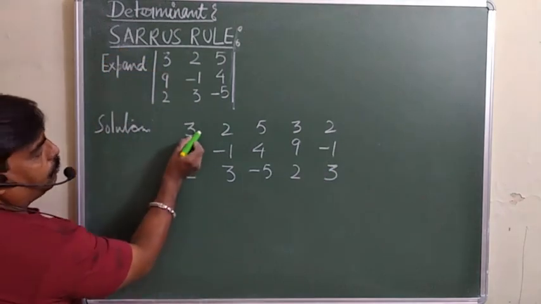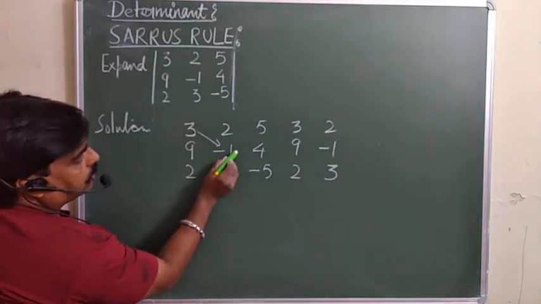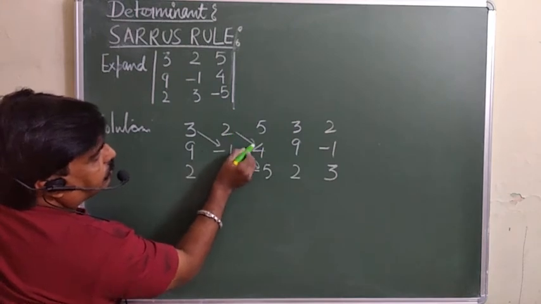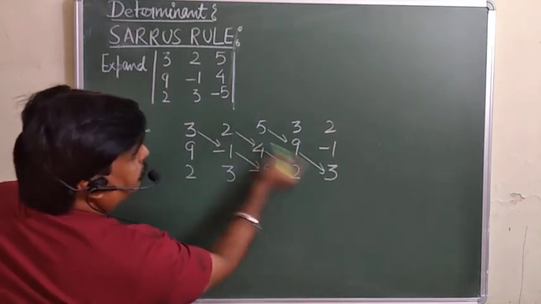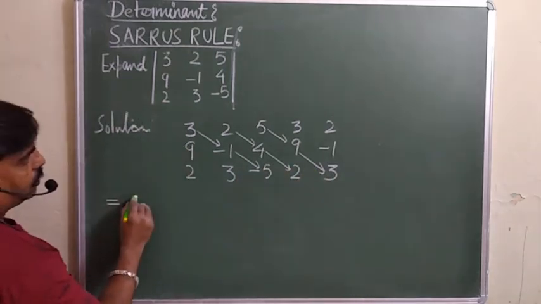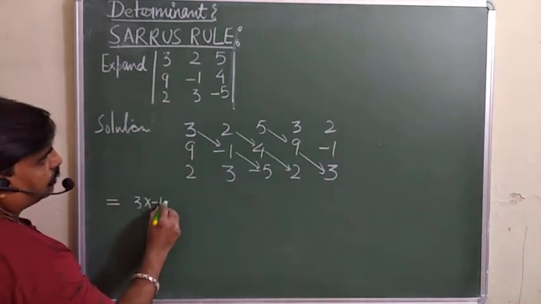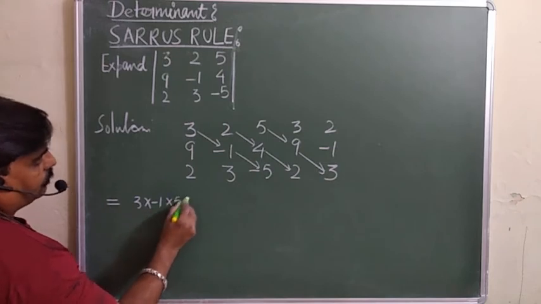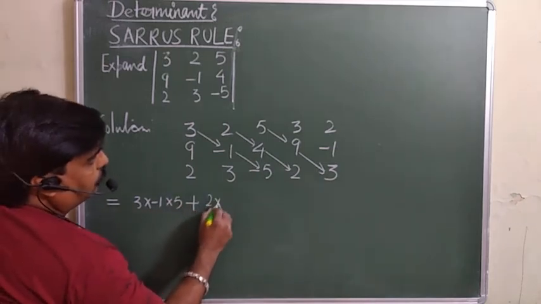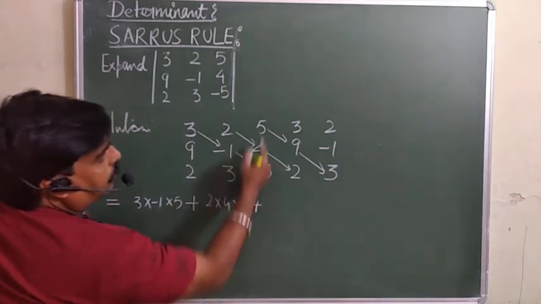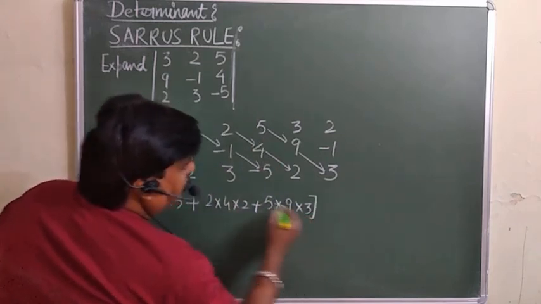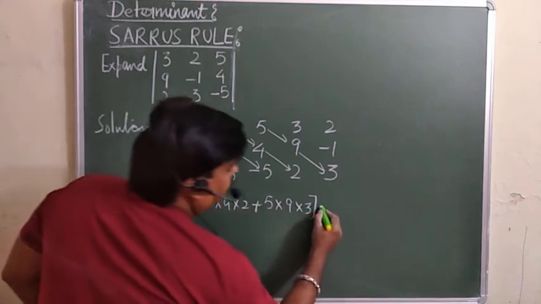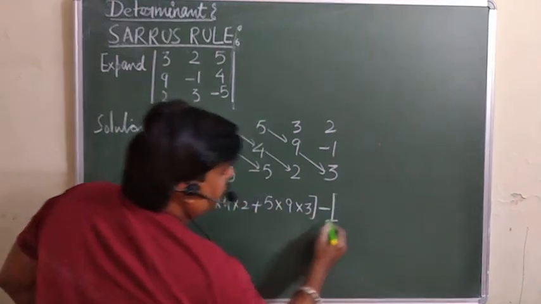Now multiply diagonally, from up to down, that is 3 into minus 1 into 5, plus 2 into 4 into 2, plus 5 into 9 into 3. We add these three, and the rest we subtract.